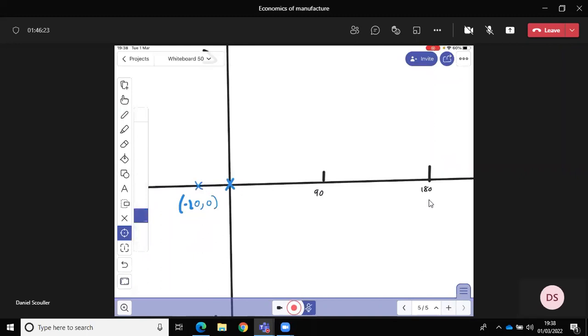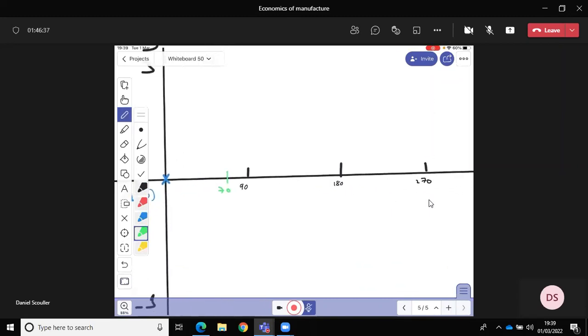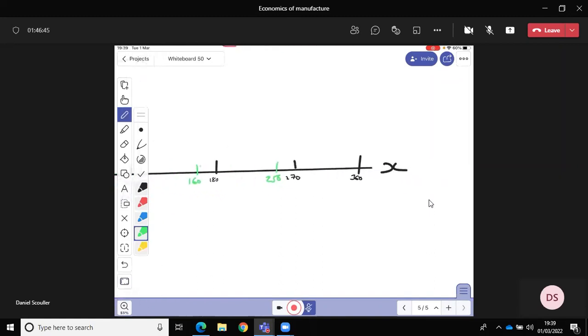Our 90 degrees, we're moving to the left 20, so that milestone becomes 70. 180 moves 20 degrees, becomes 160. 270 becomes 250. 360 becomes 340.